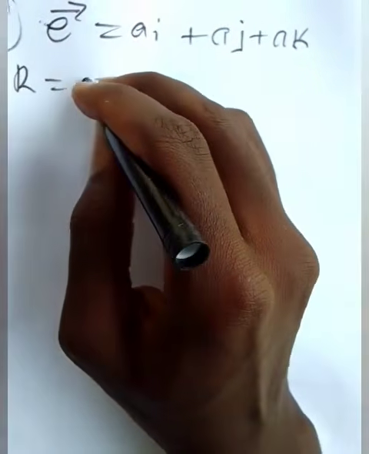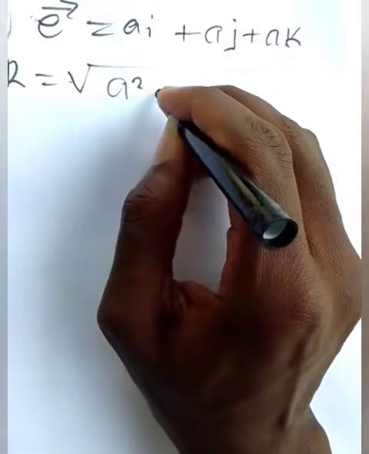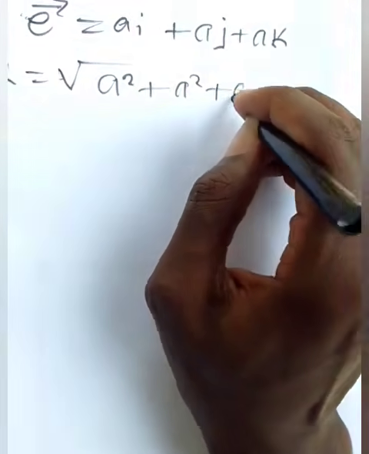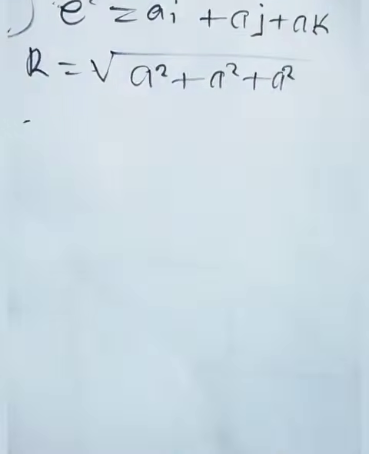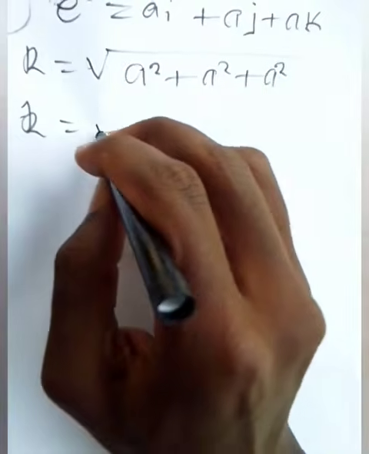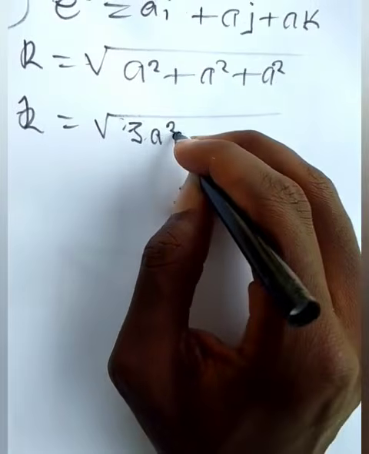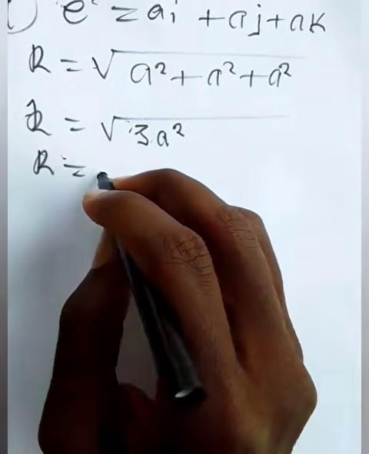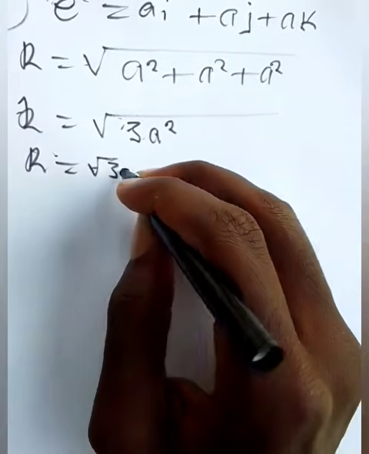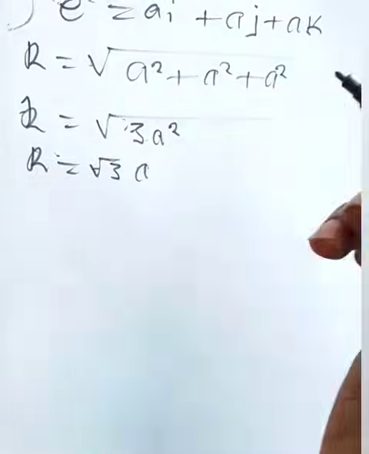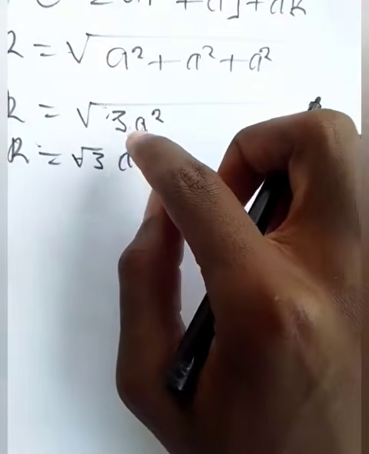Resultant is equal to the square root of a power 2 plus a power 2 plus a power 2. So r is equal to the square root of 3a power 2, which when you simplify is going to be square root of 3 times a, because the a power 2 will be cancelled by the square root.